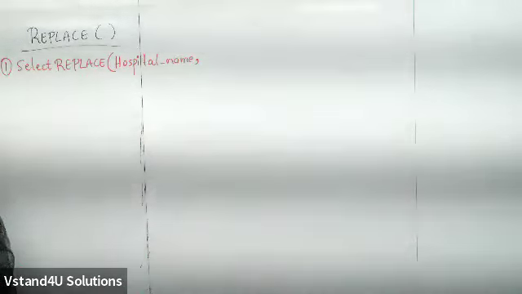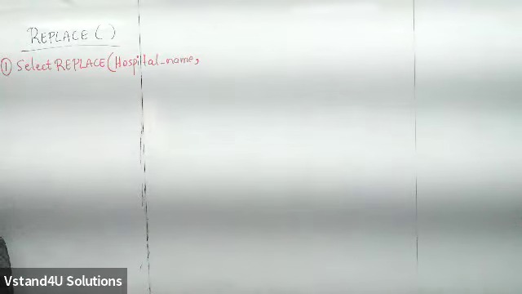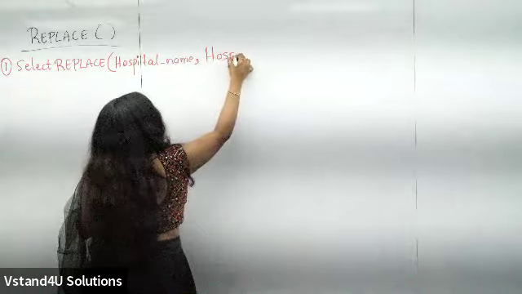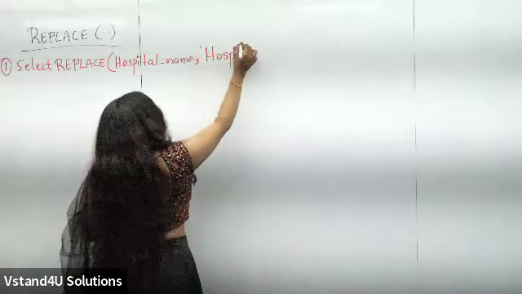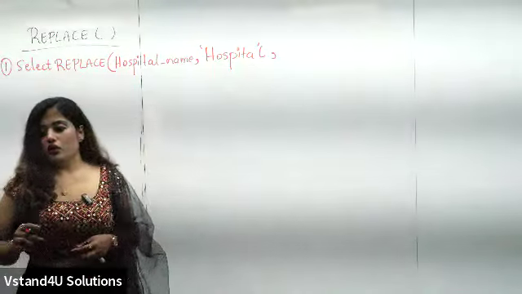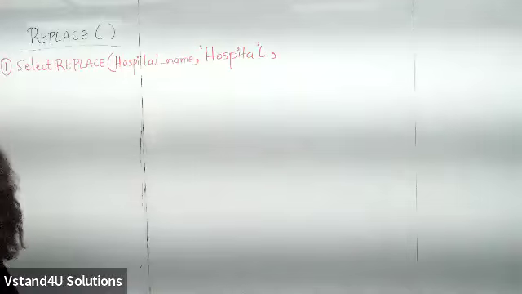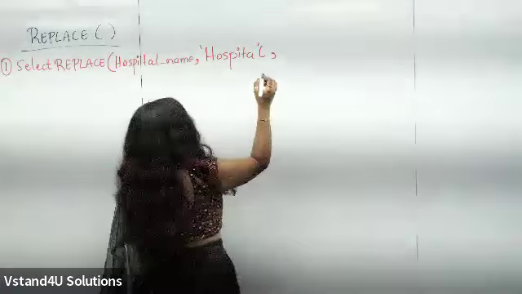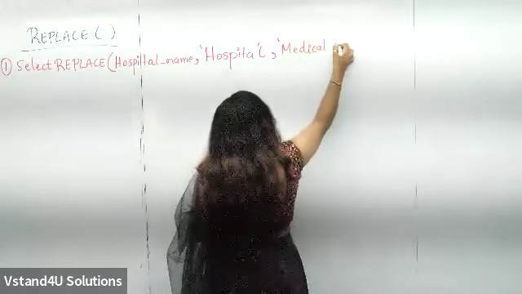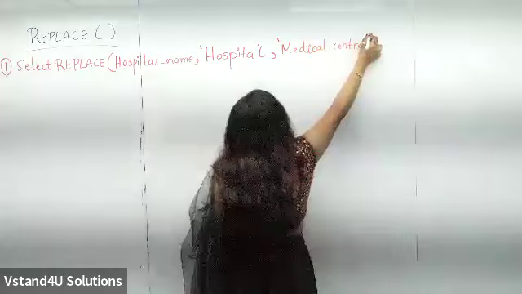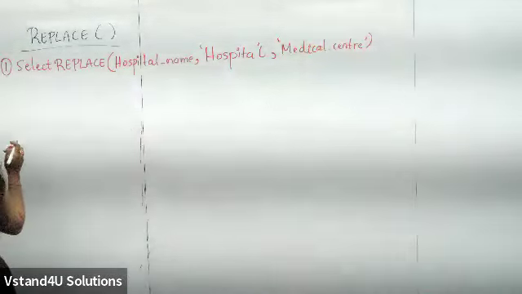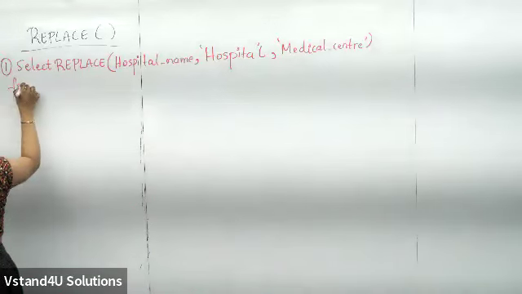Then the next one, what you have to replace? You have to replace the word hospital with what word? You have to replace it with a word called as medical center. Yes. From which table? From the table.